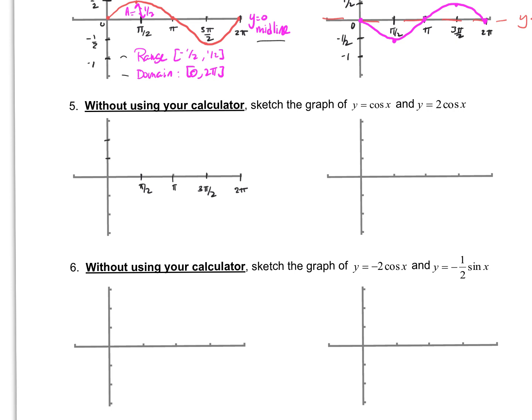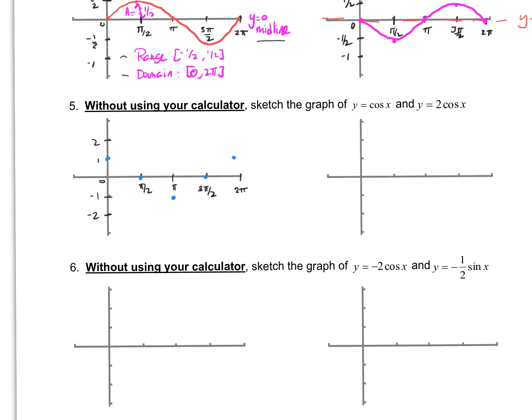Okay, so let's make sure we have our parent function: 1, 2, 1, -1, -2, and here we have 0. We know that cosine x starts at 1, and then we come down to 0 at pi over 2, down to -1, come back to the midline at 3 pi over 2, and then go back to 1.